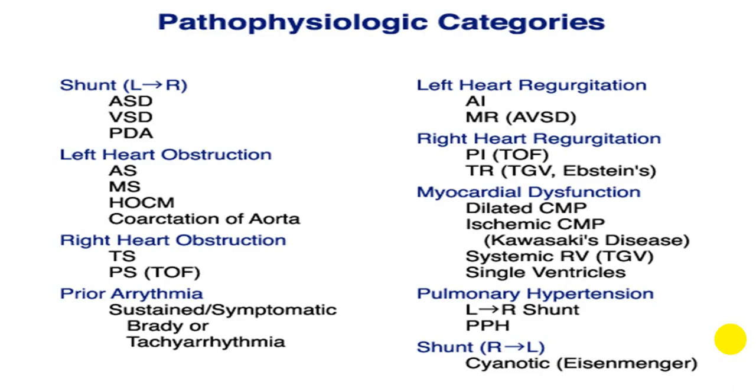Combined together, the different terms used are: left-to-right shunt, left heart obstruction, right heart obstruction, cardiac arrhythmias, left heart regurgitation, right heart regurgitation, myocardial dysfunction, pulmonary hypertension, and right-to-left shunt. These are all pathophysiological classifications.